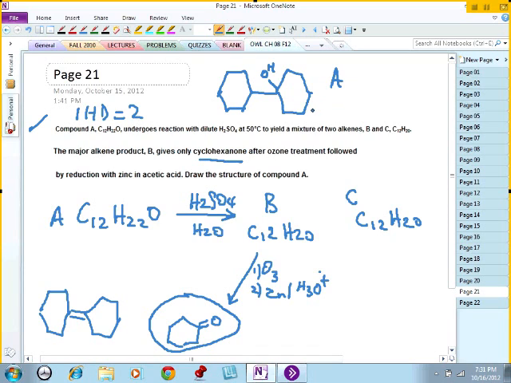Why? Because when you do dehydration, you form the double bond here, which is what you have here, and that is compound B, and they say that is the major product. And therefore compound B must be this here.